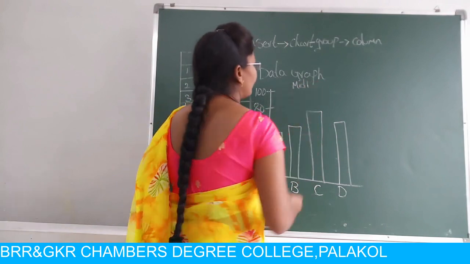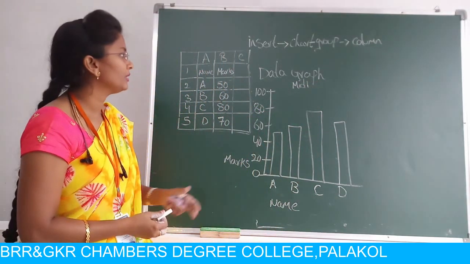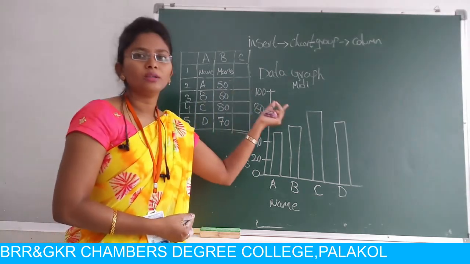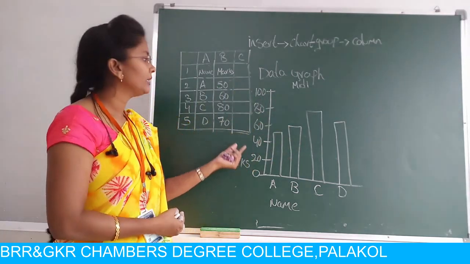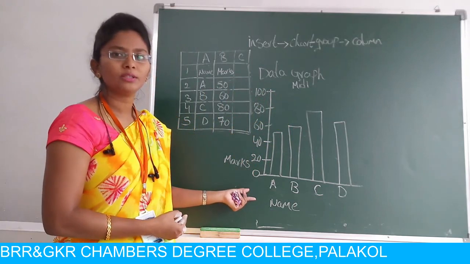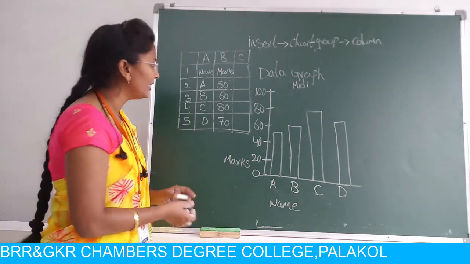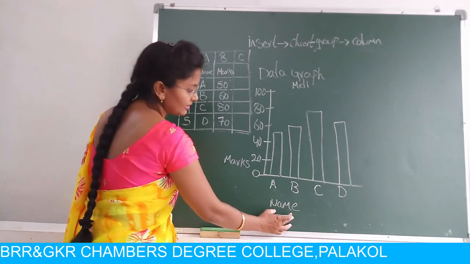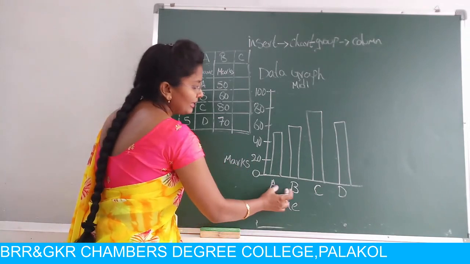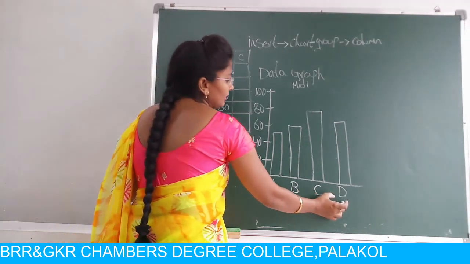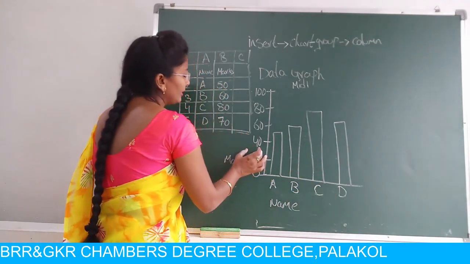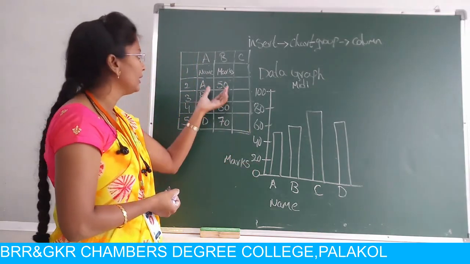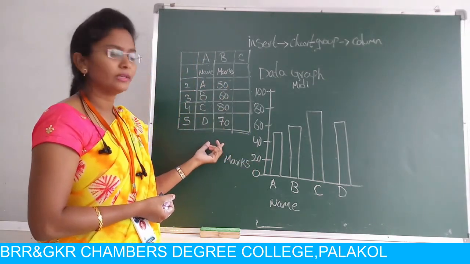This is the appearance of the chart in the Excel sheet. Whenever you click on the chart type, the data is automatically converted into this chart. Names will be displayed at the downward side, and at the left side it will display the marks according to the range of the data you entered in the Excel sheet.